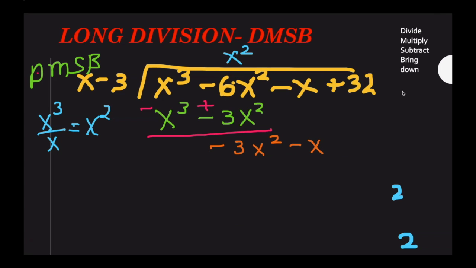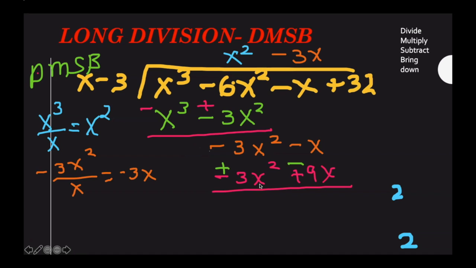Negative 3x minus x. Divide the lead terms again. Put the solution up in the quotient. And again, I'm not using this x squared now. I'm just taking negative 3x times x times negative 3.